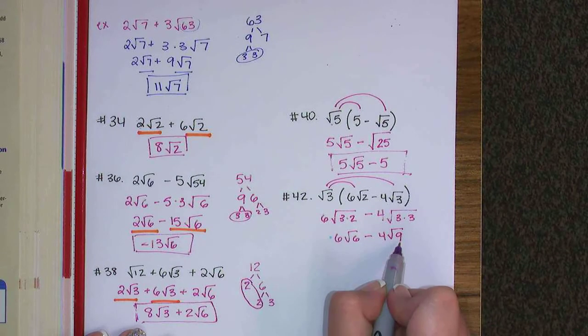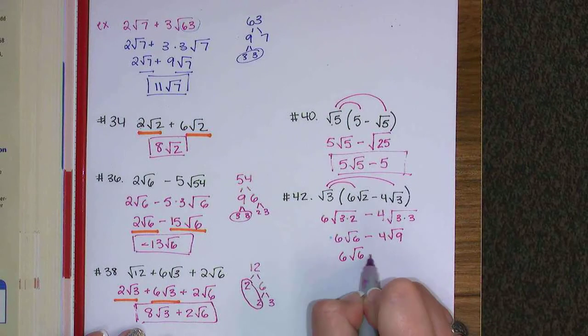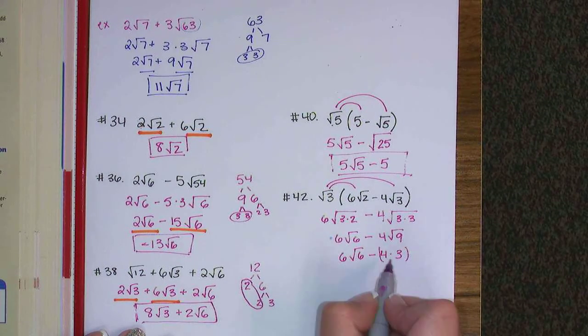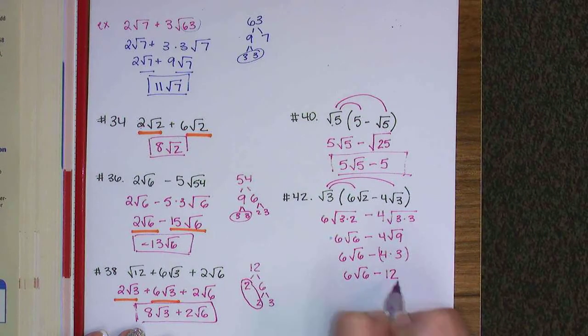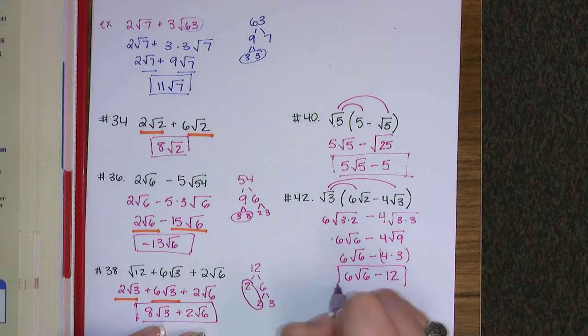We know that the square root of 9 is 3, so 6 square root of 6 minus 4 times 3, and that should all be in parentheses so we keep it together. 6 root 6 minus 12 is your answer for this one.